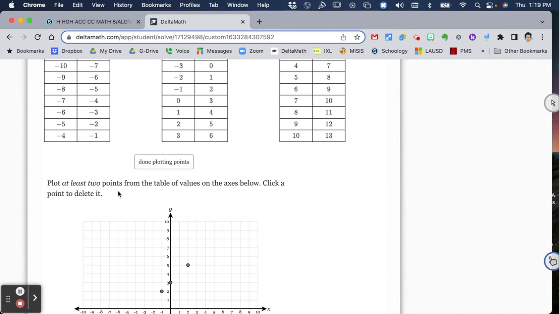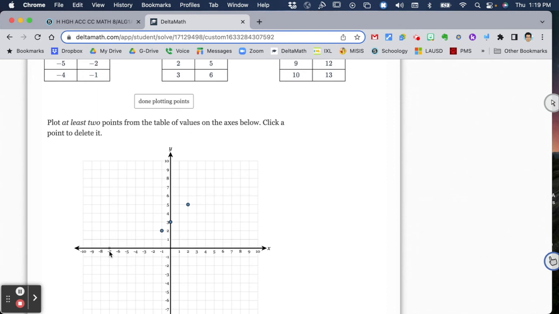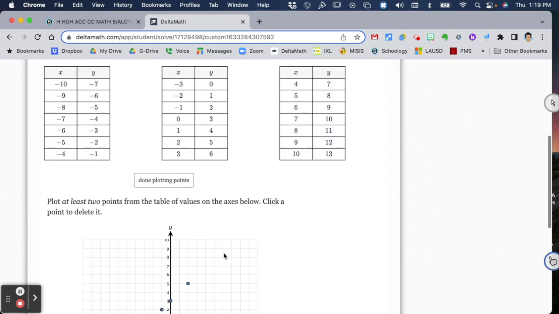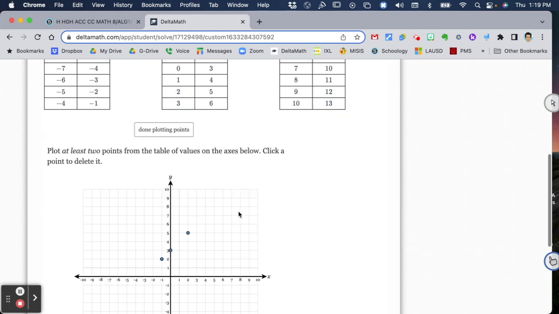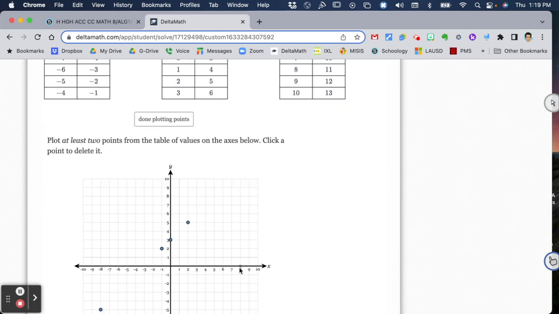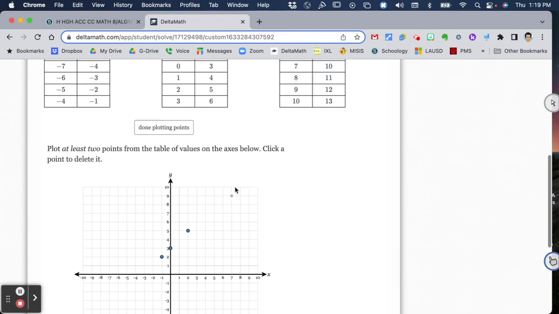Maybe -8, -5, right there. And maybe one on the farther end on the positive side. How about 8, 11? Oh, I don't have enough for 8, 11.